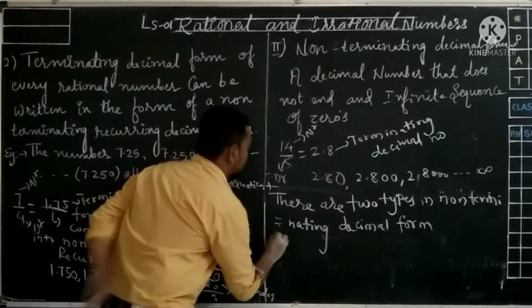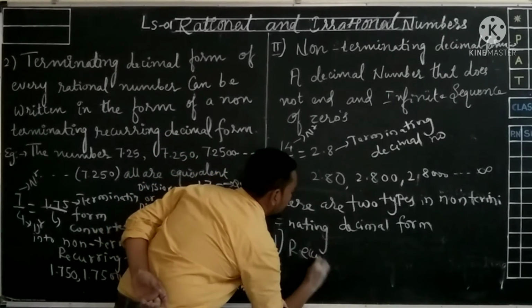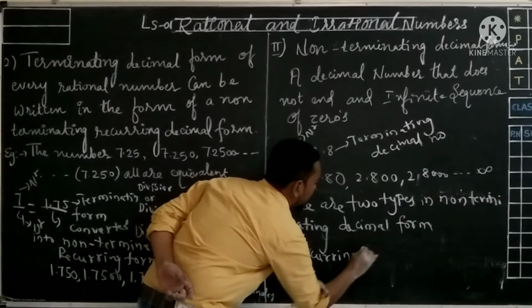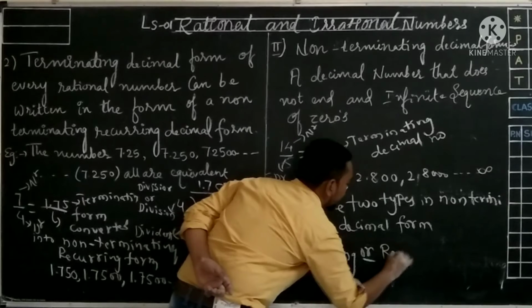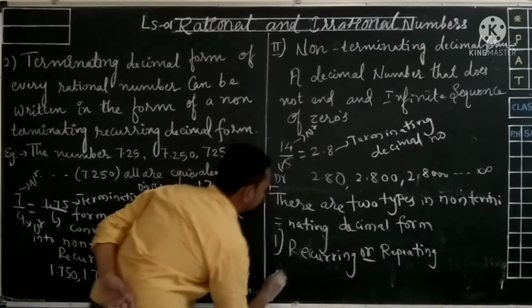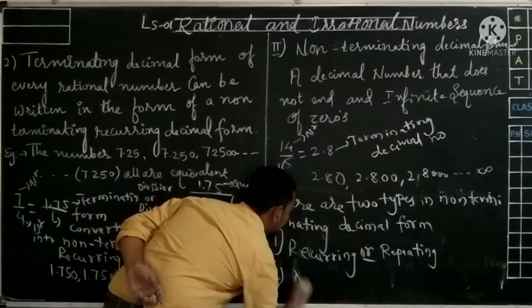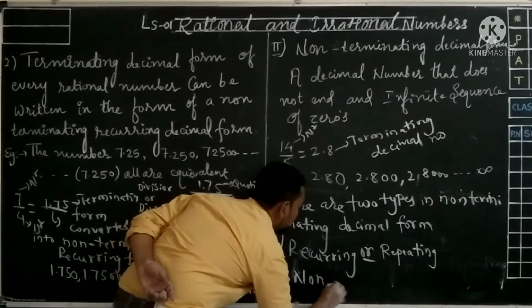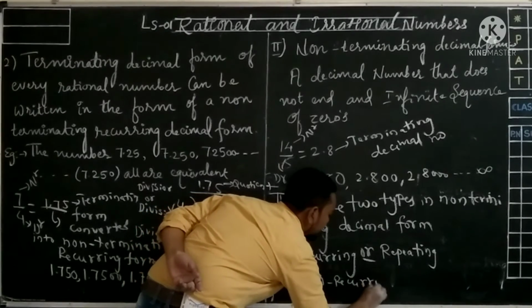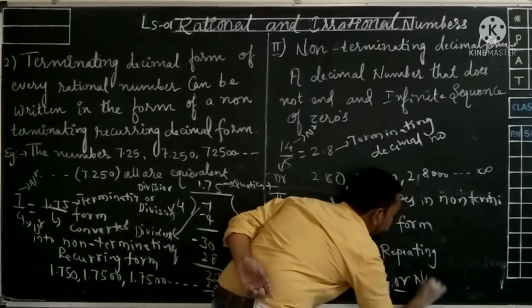One is recurring or repeating. The second one is non-recurring or non-repeating.